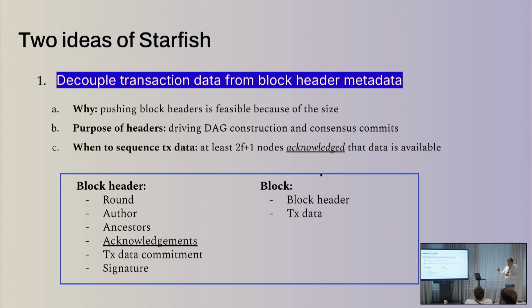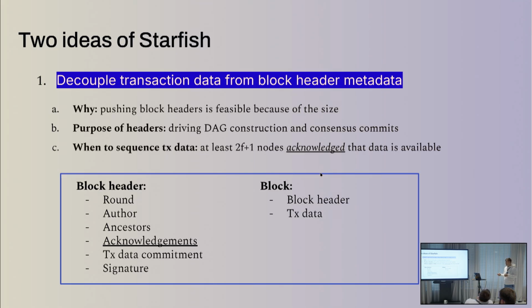But the problem with block headers is that, for instance, if I have some block header, and maybe I have transaction data, I'm not sure that the rest of the network receives the transaction data. If, say, I am the only person who receives the transaction data and others have only block headers for the same block, then they don't have transaction data. And I need a mechanism to highlight that a quorum of the network knows about this transaction data.